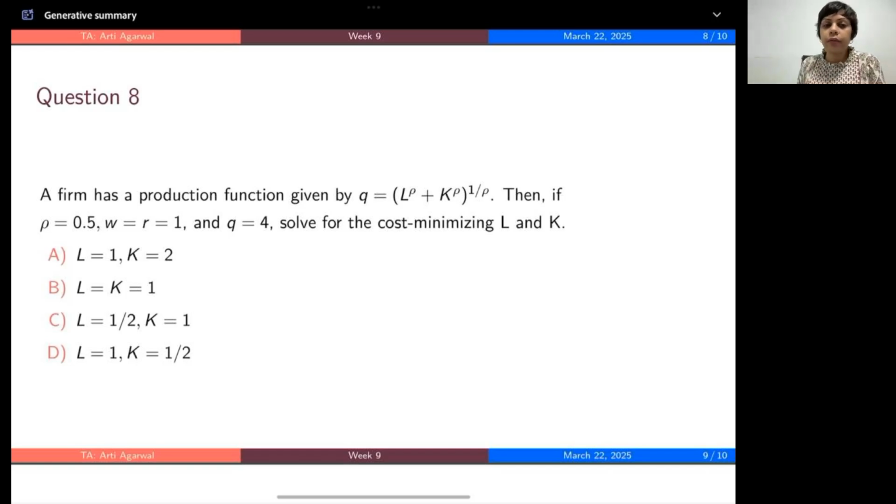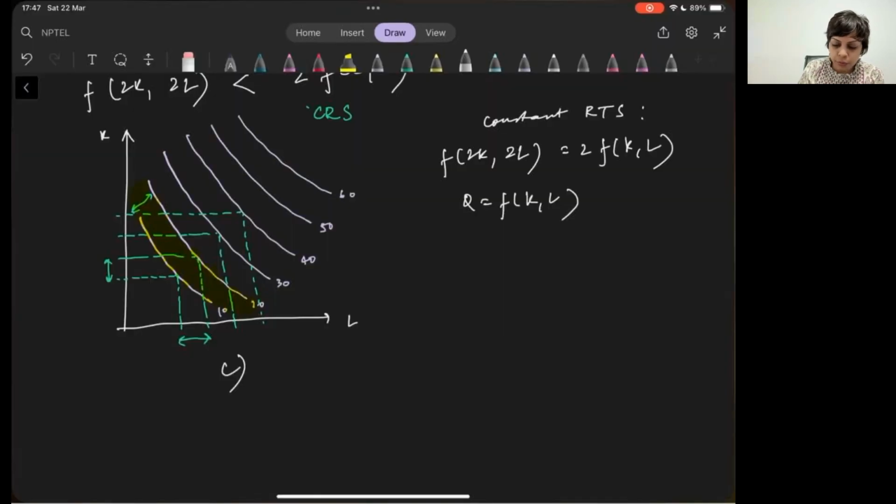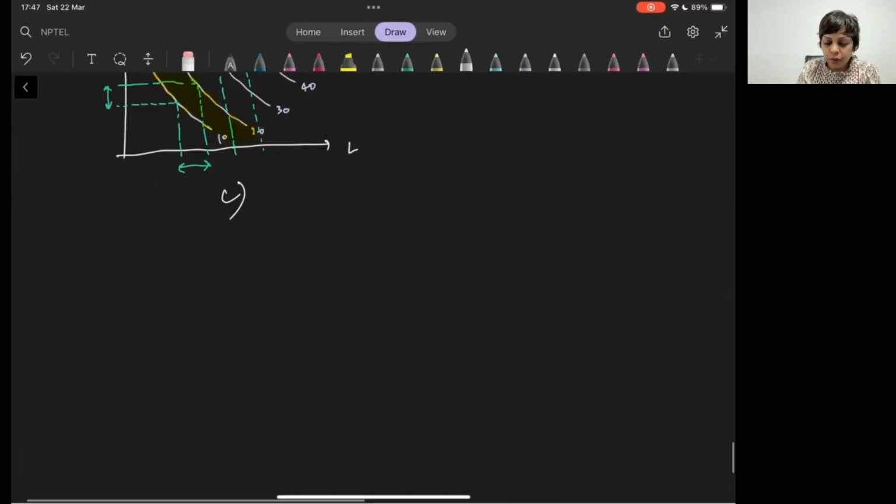If you want to derive and look at the general example, you can look at the Perloff book. For now, I'm not solving the general example. That will take a lot of time. If you have doubts, I can solve it in the next class. But I'm just solving the question with the given values.